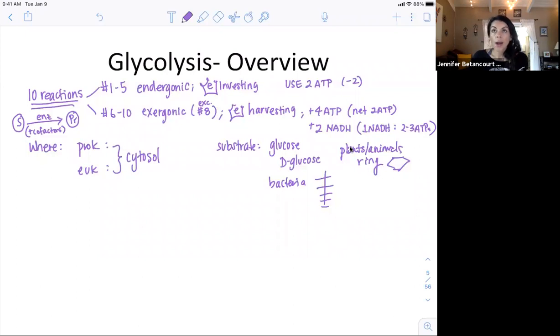And so what your goal is as a student is to recognize or be able to formally communicate what happens at each step using the key phrases. Instead of saying the substrate binds to the enzyme, that's now a vague term.